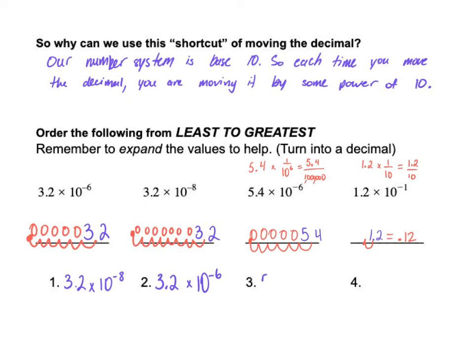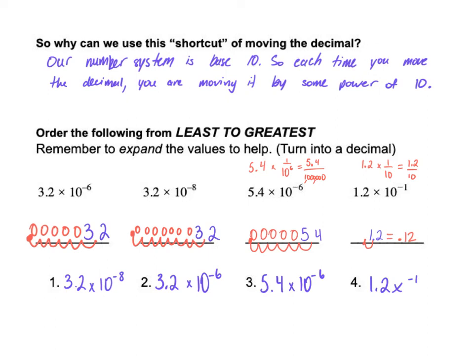So our third one then, we have 5.4 times 10 to the negative 6th, followed by 1.2 times 10 to the negative 1st. So what you might notice here is, again, the smaller exponents create the smaller values.